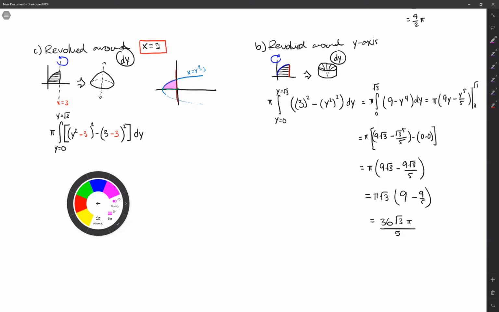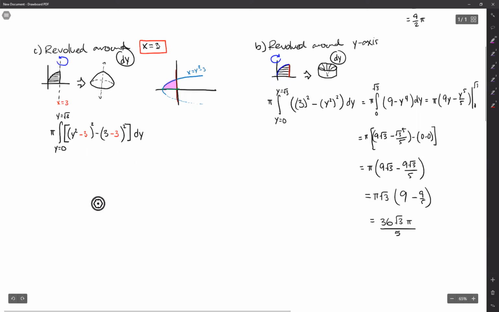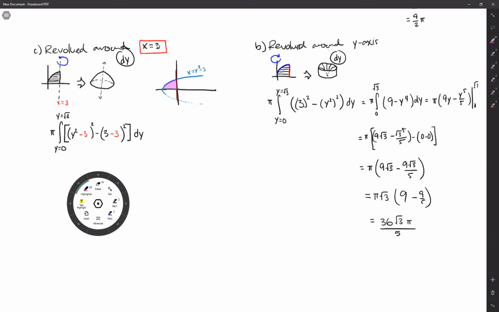But anyways, all that stuff is beside the point. You don't have to have that understanding of it. You can just write down in your little notebooks: when the axis is offset, subtract the value of the axis from each curve for the disk method. But that is essentially what it's doing.